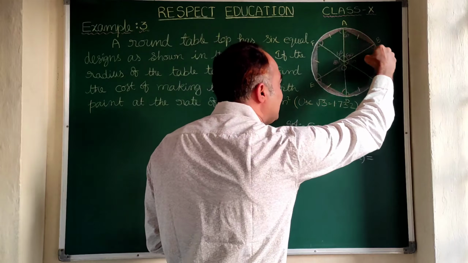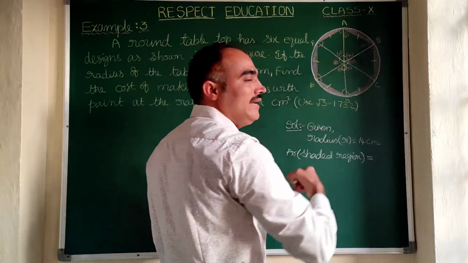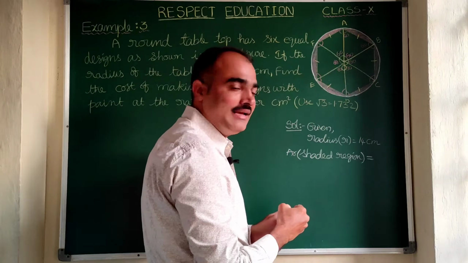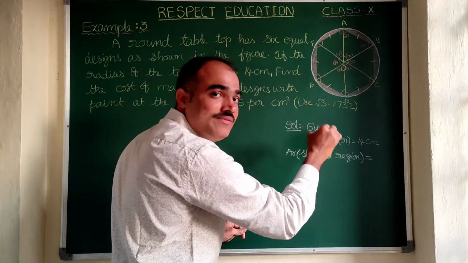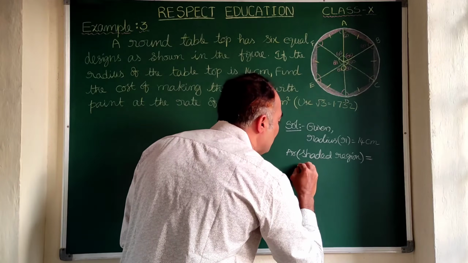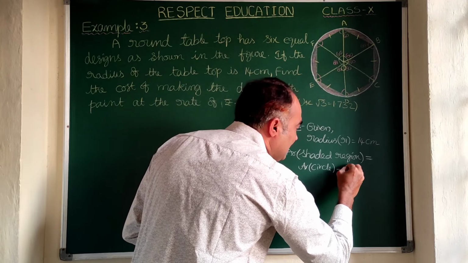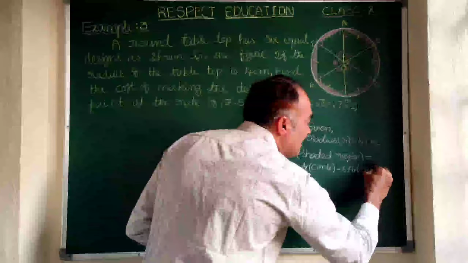Now the area of the shaded region is equal to the area of the circle minus 6 times the area of an equilateral triangle. So let us write: area of the shaded region, or we can say area of the design, is equal to area of circle minus 6 times area of equilateral triangle.